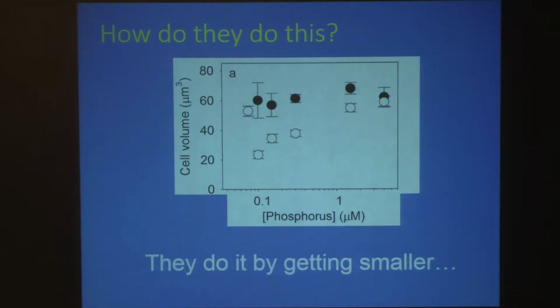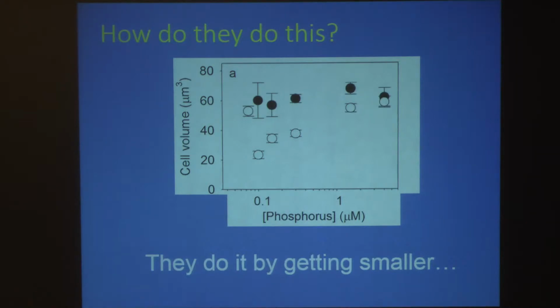How do they do it? They get smaller. This is Crocosphaera. This is the cell volume, again, in the iron replete ones and in the iron limited ones across a range of phosphorus. And you can see when they have a lot of iron, the cells stay the same size, but when they're iron limited, they get smaller and smaller.